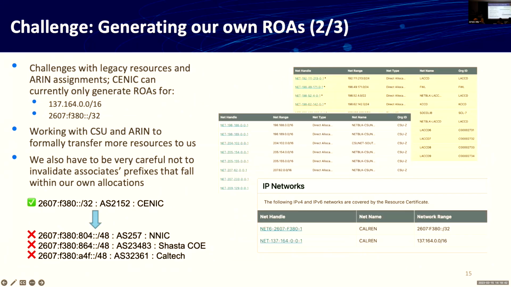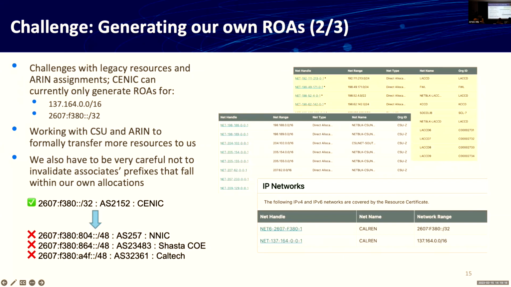So what else? The legacy resources issue affects us as well, because we have resources that technically belong to the Cal State system that they have allowed us to use, but they're considered legacy resources. That's something that's affecting us, as well as prefixes that are covered by an RSA but don't formally belong to CENIC, so we're not able to access RPKI services for those.